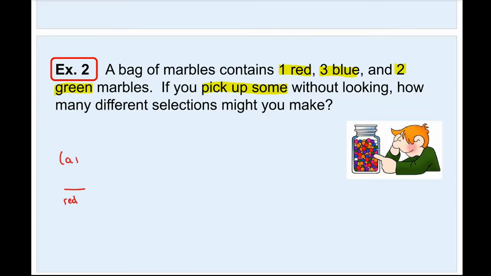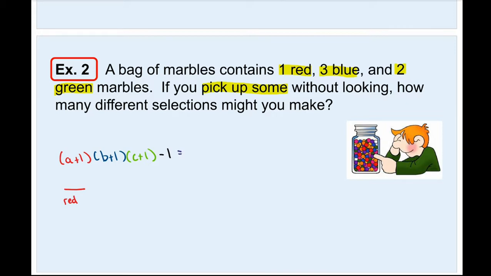So we have A plus 1 times B plus 1 for blue times C plus 1 for green will equal my total number of, oh, sorry, we forgot the minus 1 for that null set, which will equal our total number.